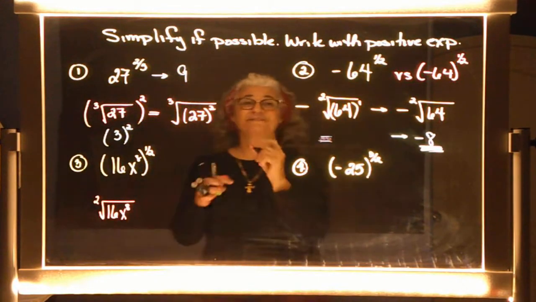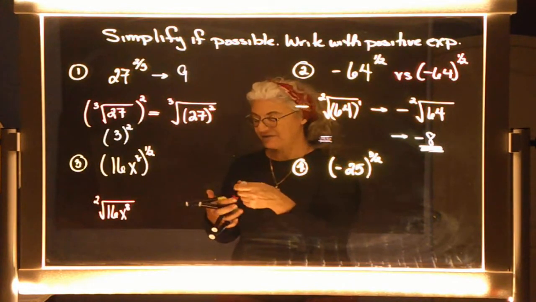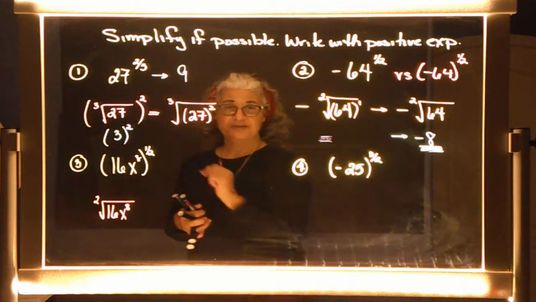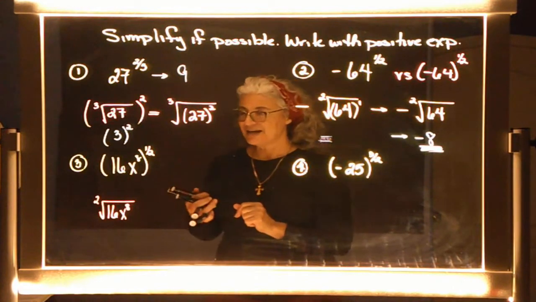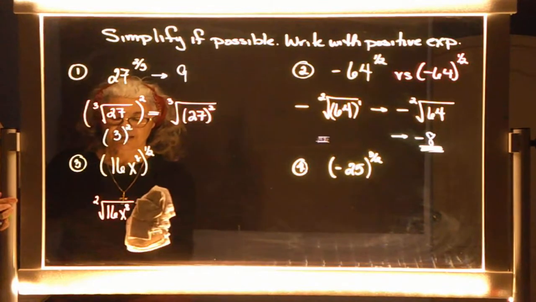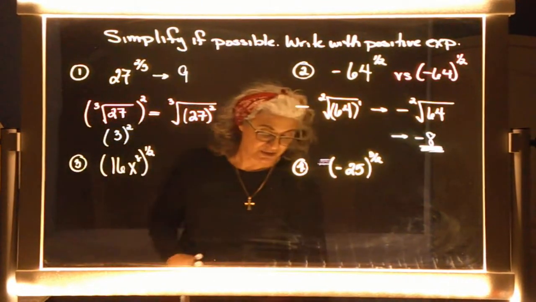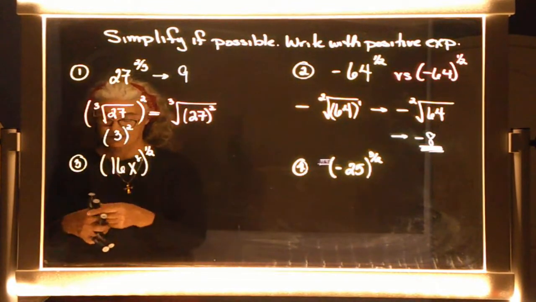And as a matter of fact, hold that thought. As a matter of fact, couldn't you have done that up here? Yeah, I could have done it right here. So you know what? Hang in there. Let me erase this and let me show you that you could have actually done it right at the start here.